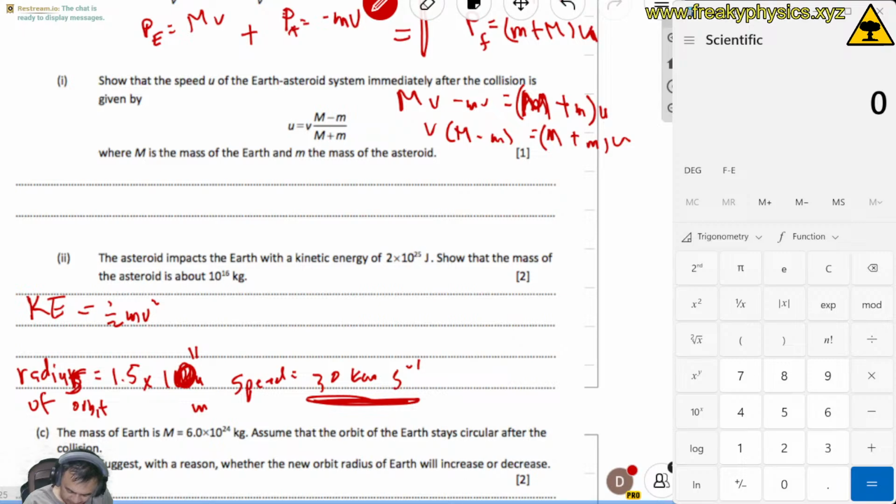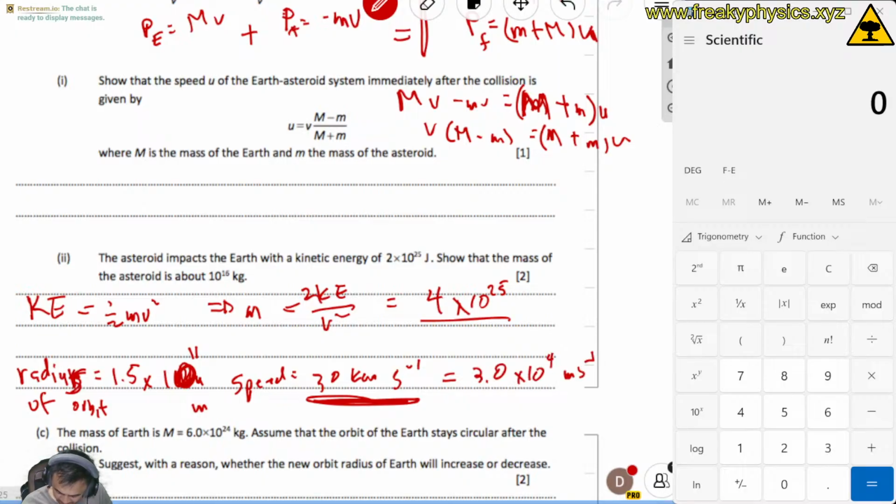So the mass should be equal to the kinetic energy times 2 divided by v squared. So kinetic energy times 2 gives us 4 times 10 to the 25, divided by v, which is 30 times 10 to the 3, that's 3.0 times 10 to the 4 meters per second, right?